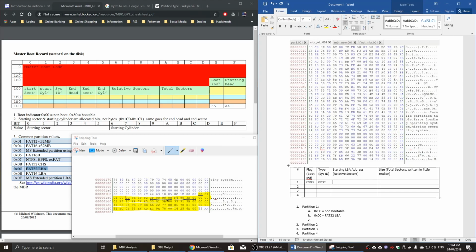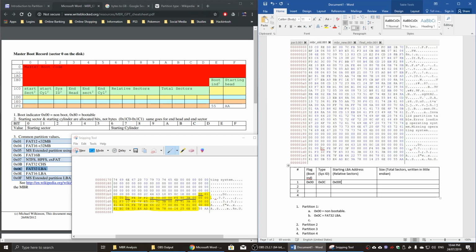So for this particular one, humans, we're practically programmed to read left to right, people who study in English oriented countries would, so we'd read 3F 00 00 00. But that's not how the systems read it. The systems will read it 0000003F.